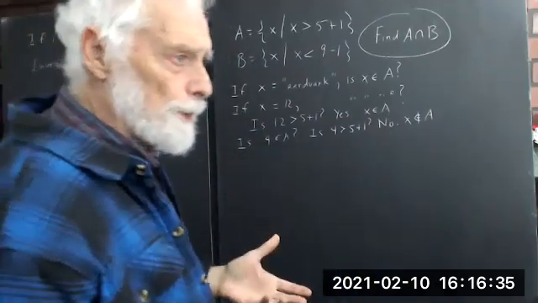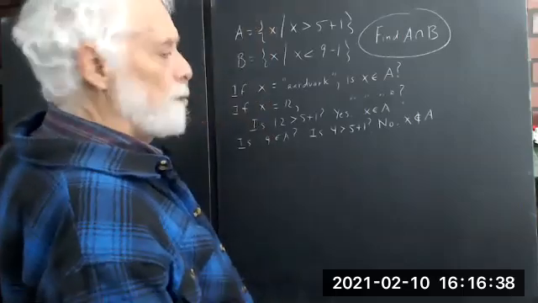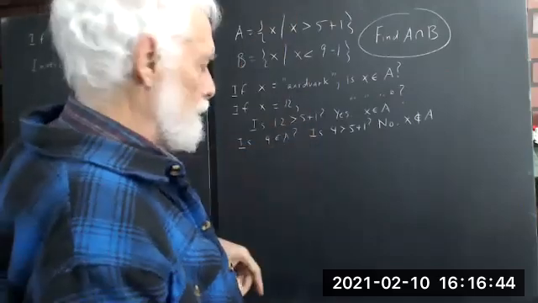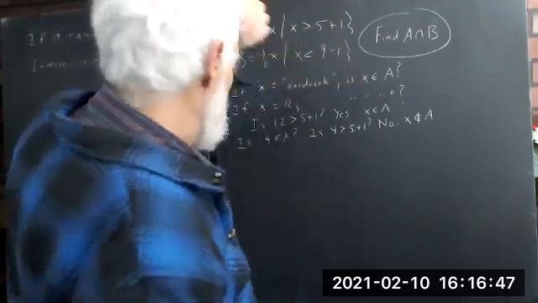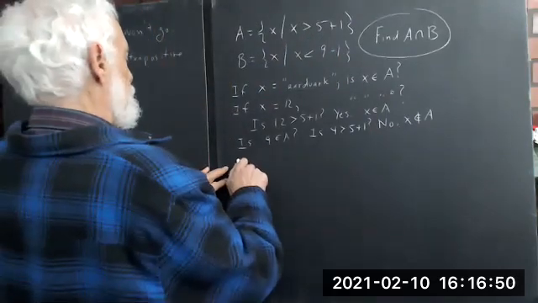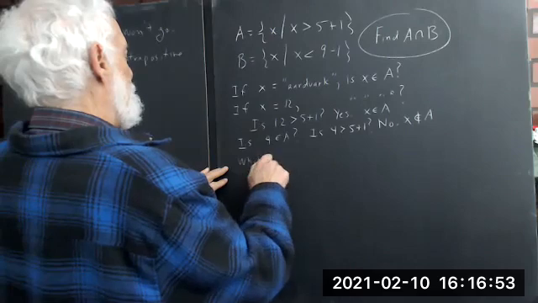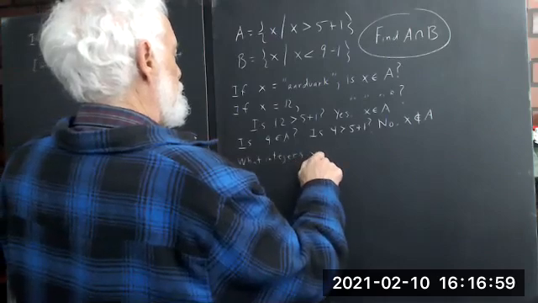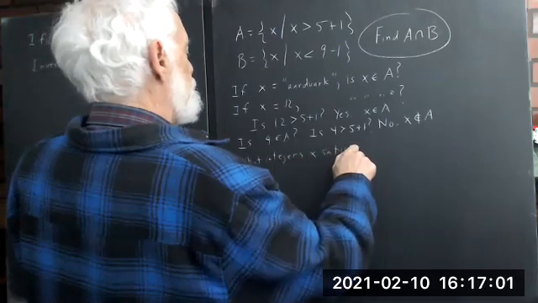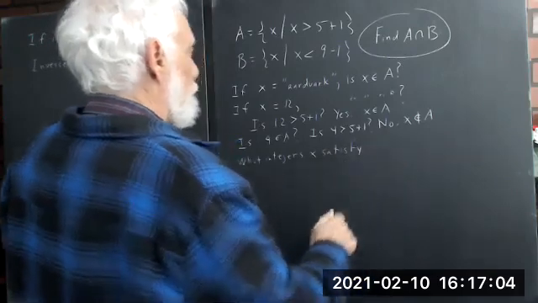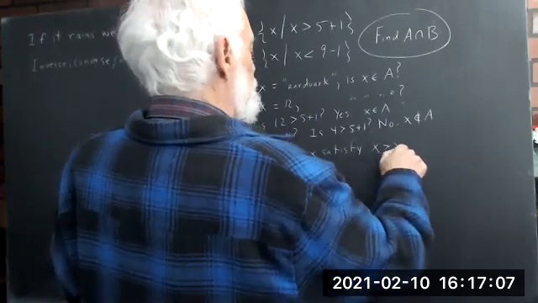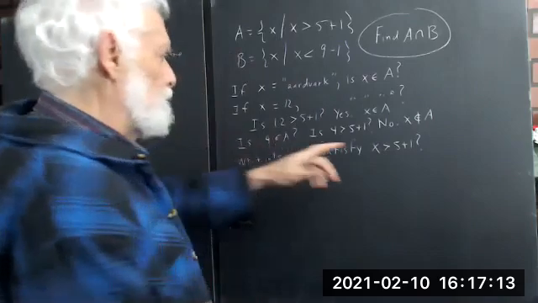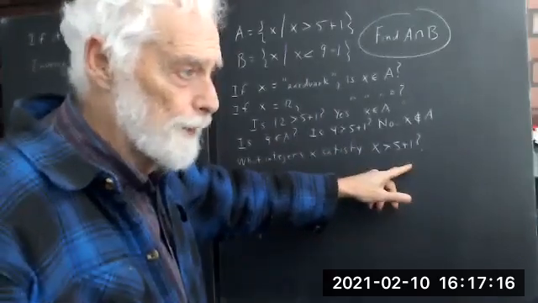Okay, well, what are the members of A? Now, if we're confining to integers, and that isn't totally clear, but from the context, that's what we're talking about. If we're talking about integers, what integers X satisfy X is greater than 5 plus 1? Well, 6 is equal to 5 plus 1, but it's not greater.